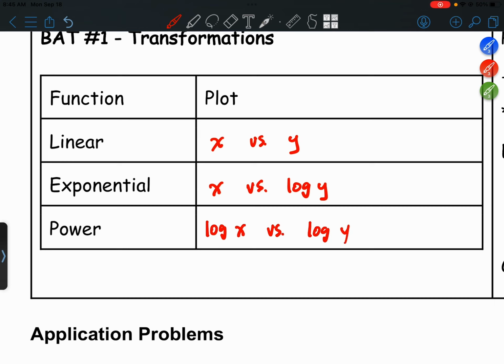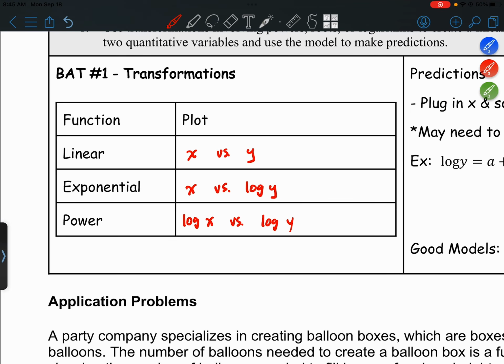Now, whether you take the common log or the natural log doesn't really matter. I think in this activity, I'm just writing log, which refers to the common log, base 10. All right, so you transform the data, you replot the transformed data, hopefully it looks more linear, and then you build your model.